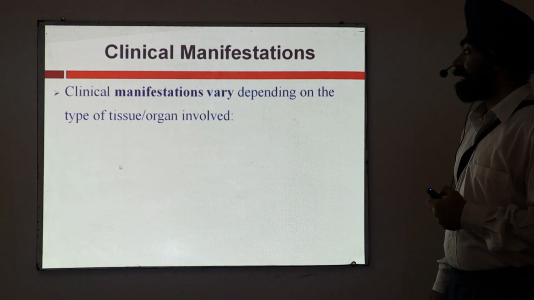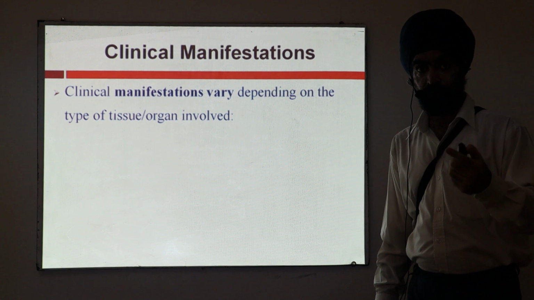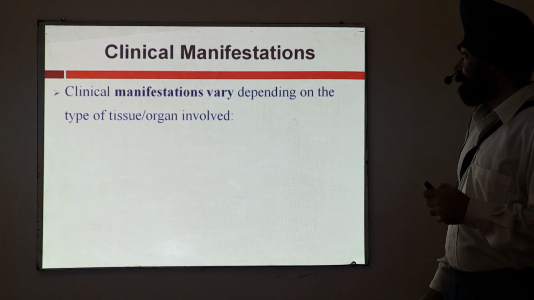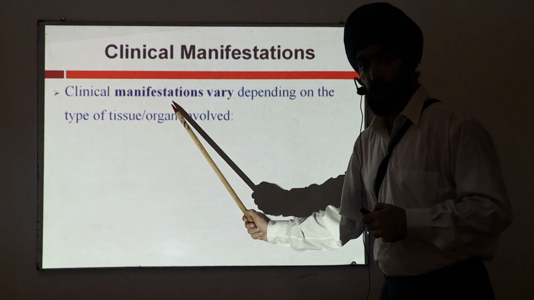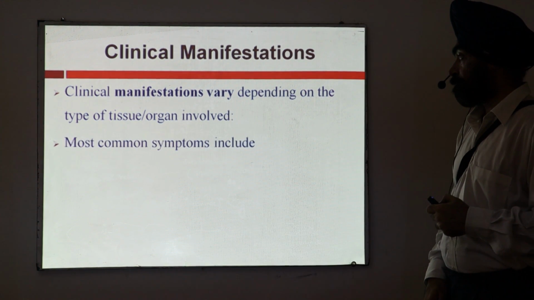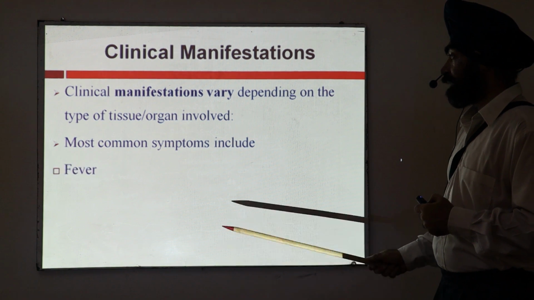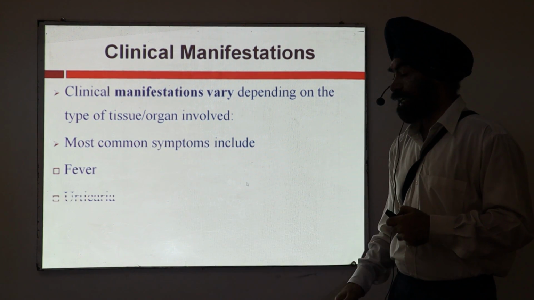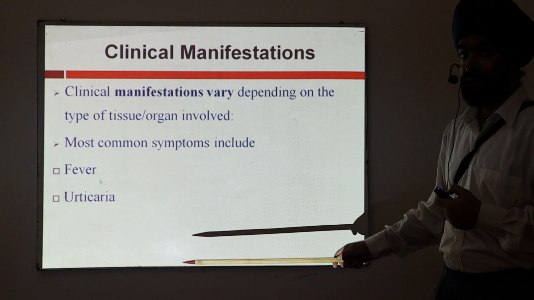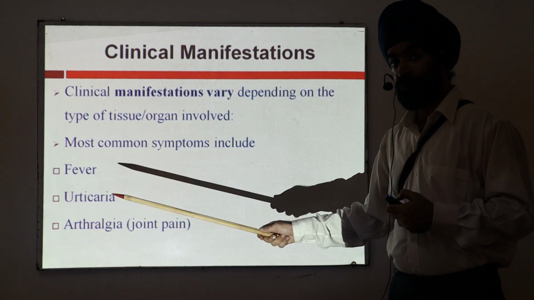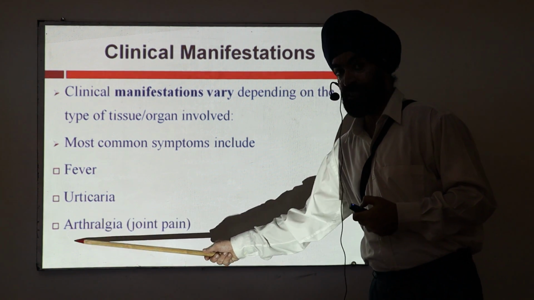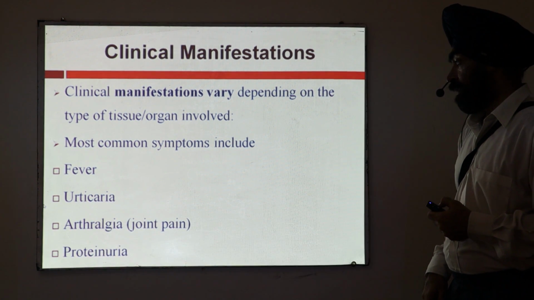So now, what are the clinical manifestations? They obviously depend upon the type of tissue or organ which is involved. Mostly the symptoms include fever, as I told, serum sickness, fever will be there, involvement of skin, urticaria, and if it has gone into the joints, it will produce arthralgia, that is joint pain.